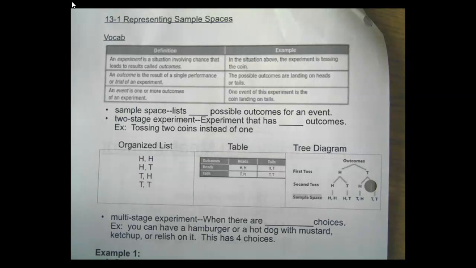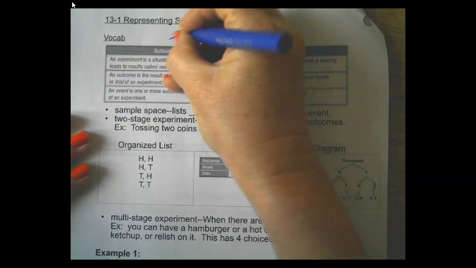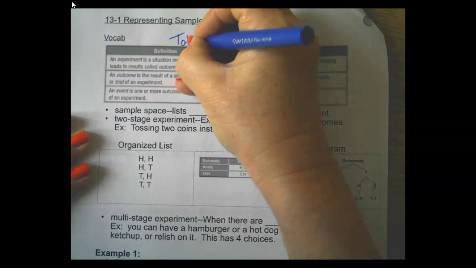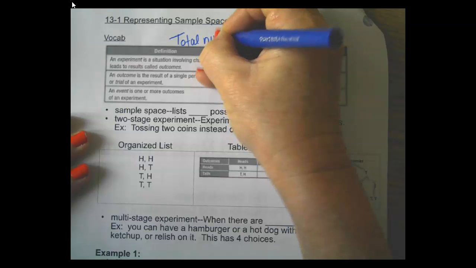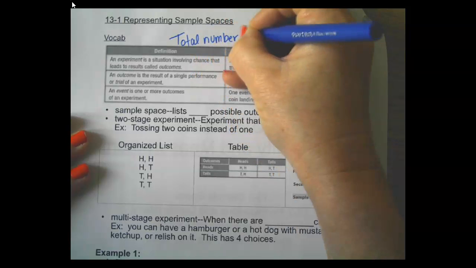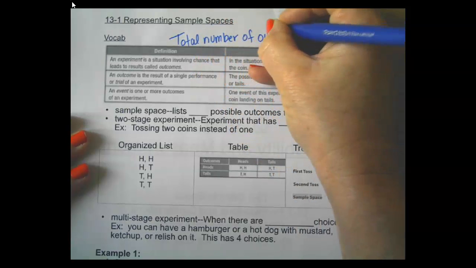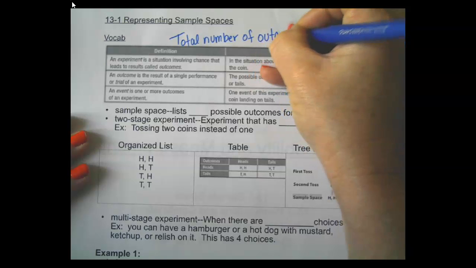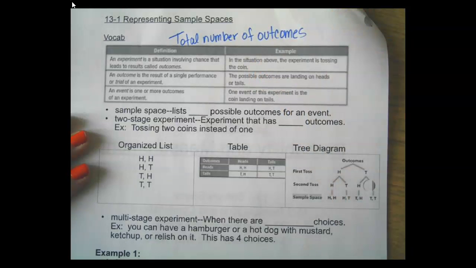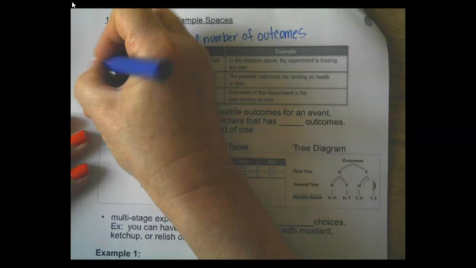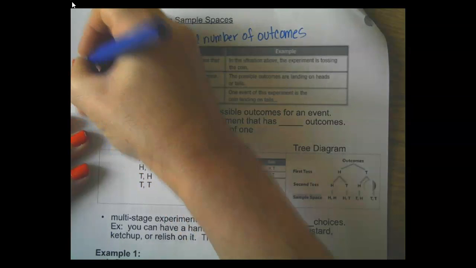Anyway, so really, sample space is the total number of outcomes. So here is some vocabulary. So they have like experimental probability. That's an actual experiment.